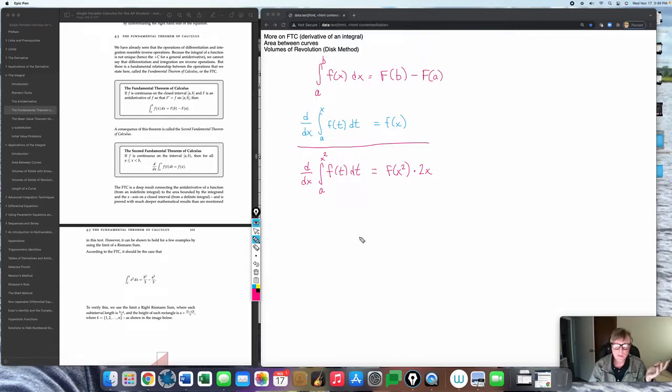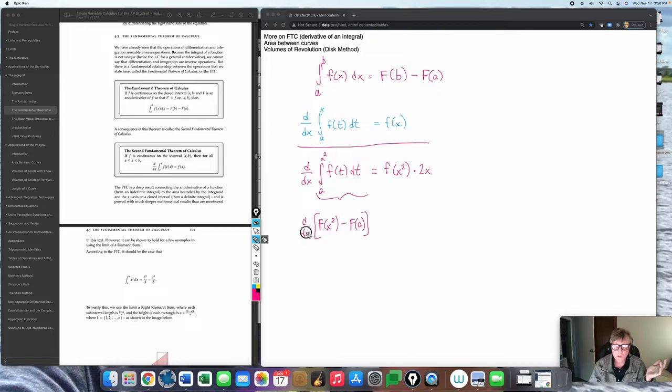And for me to explain that, and this is a lowercase f in case I didn't make my handwriting clear, this piece is capital F of x squared minus capital F of a, right? And then you're going to want to differentiate that with respect to x.